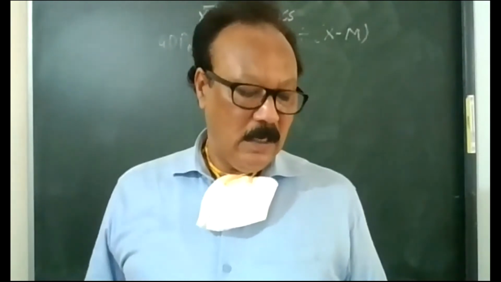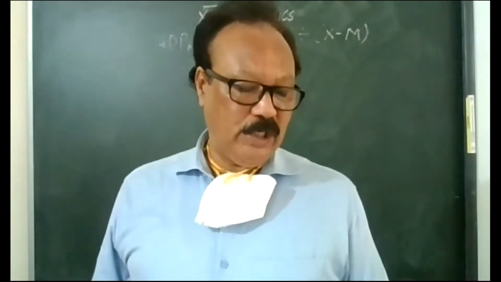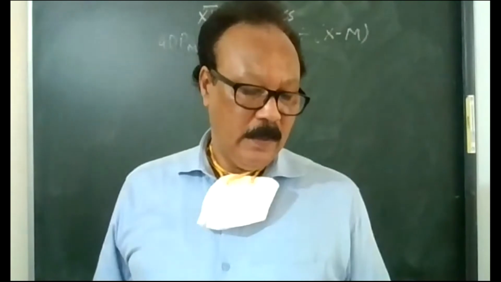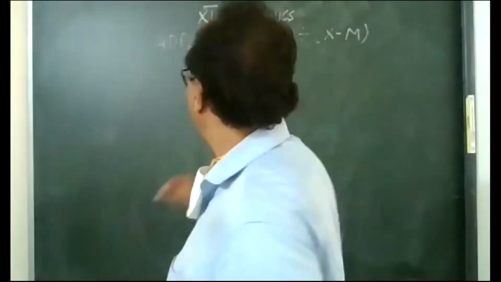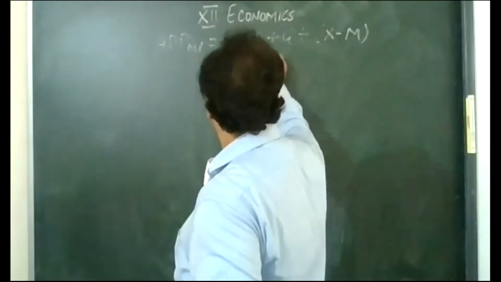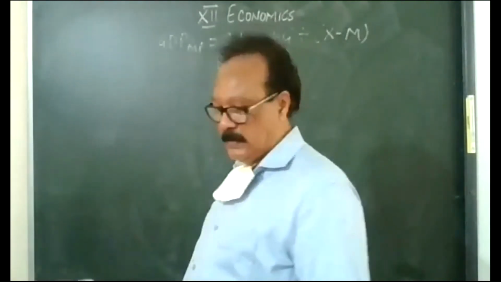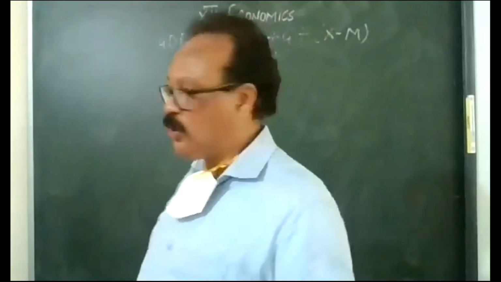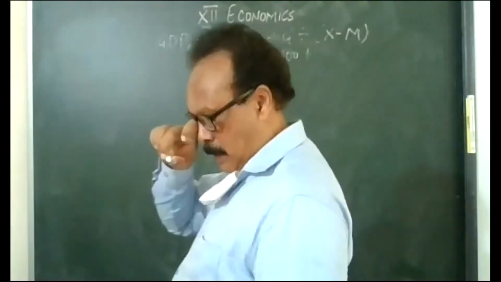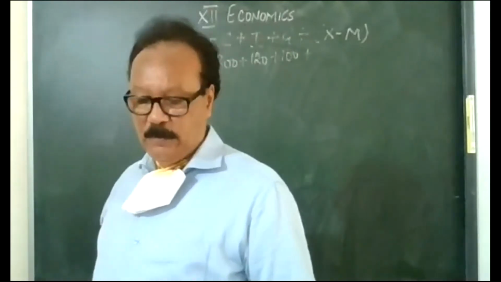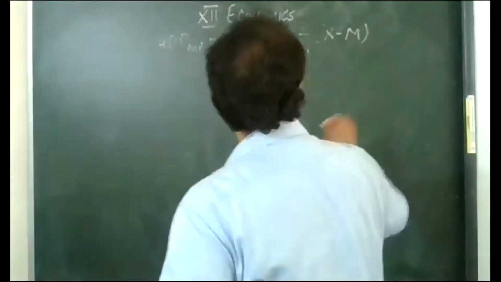Another name is gross domestic capital formation. It is given in your question, gross domestic capital formation 120, no problem, 120, plus government final expenditure 100, plus net exports. Net exports is given directly, 70.